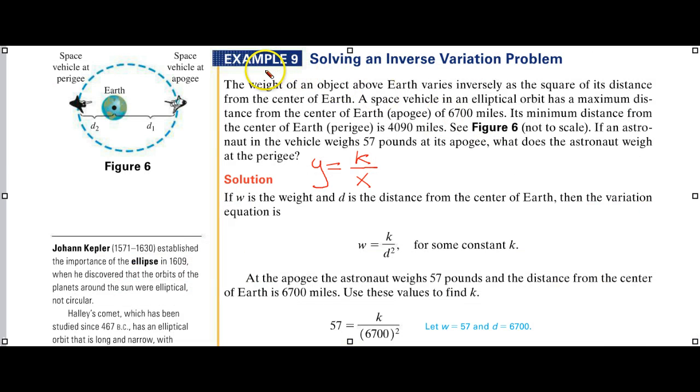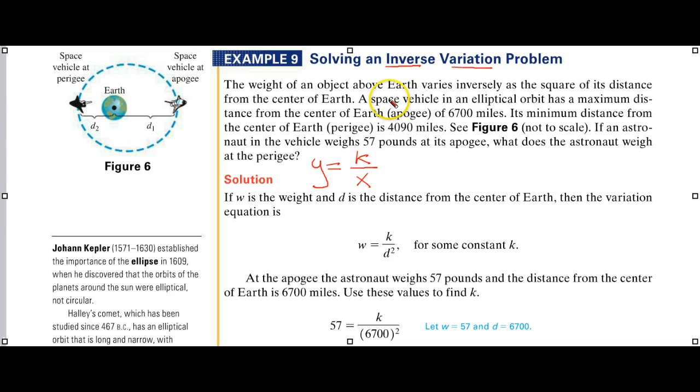So as we read example 9, they're talking about inverse variation. So again, a good idea might be, what is the inverse variation equation? And it was y equals k over x. Now as you read the problem, you're looking for letters that you would replace the x and y. The k stays the same.